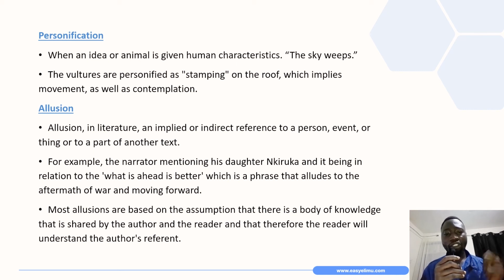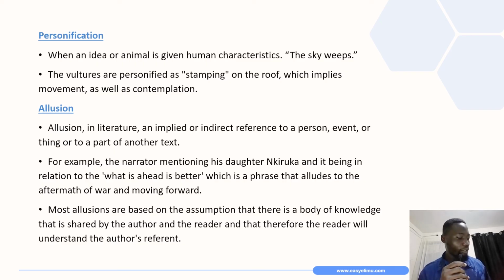There is also allusion. Remember, allusion is an indirect reference to a person, event, or thing, or to a part of another text. For example, in Ghost by Chimamanda Adichie, the narrator mentions the debate over how they came up with their daughter's name.